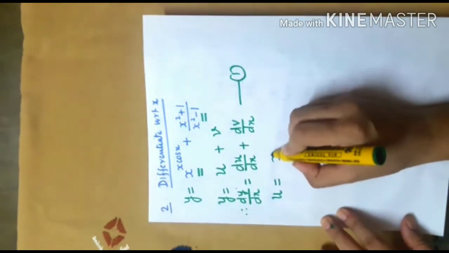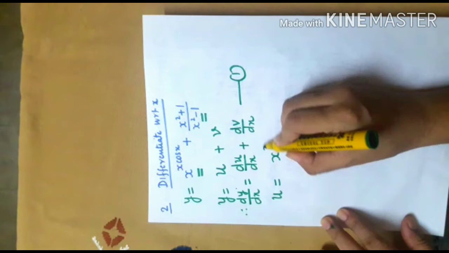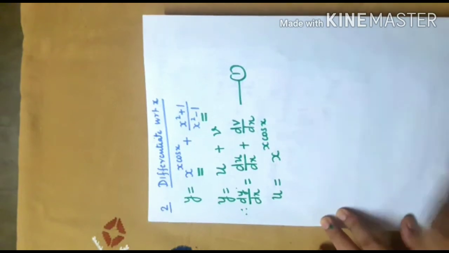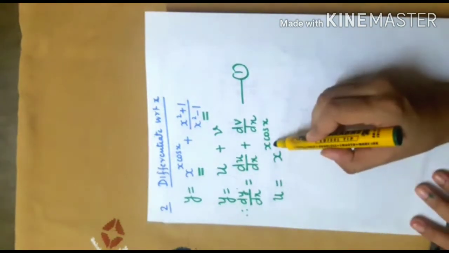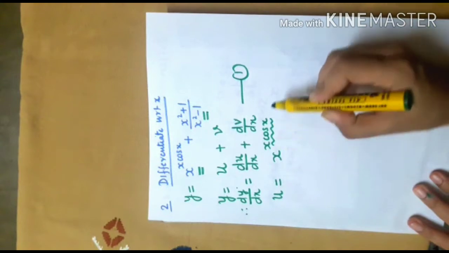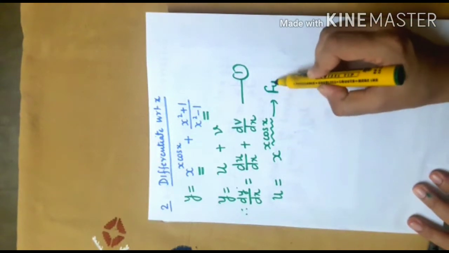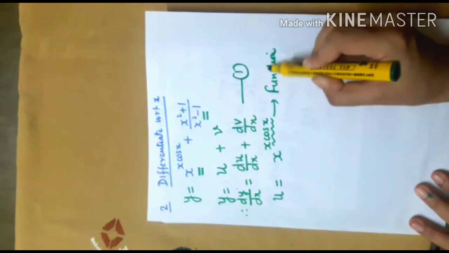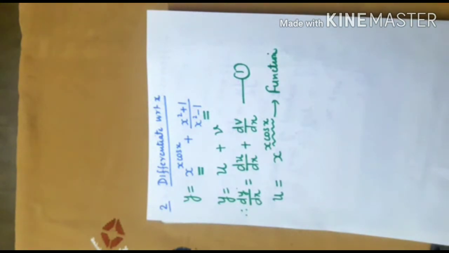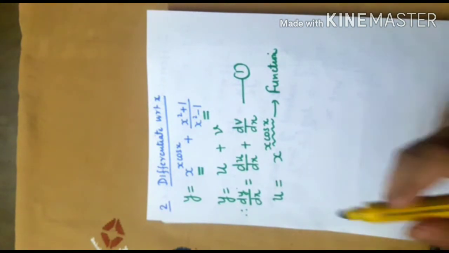U is equal to x raised to the power x cos x. Now look here. Here exponent is a function. Therefore, we will use logarithmic differentiation.